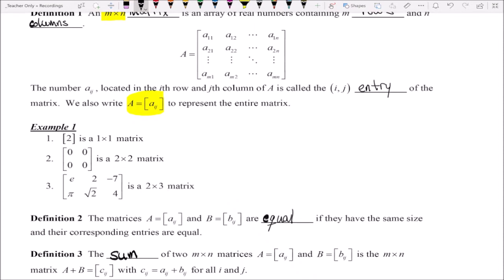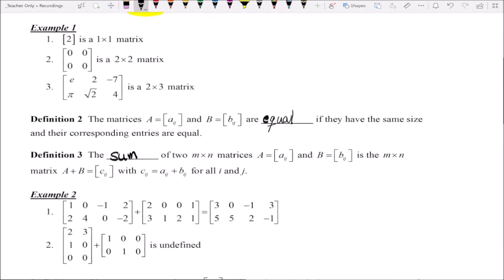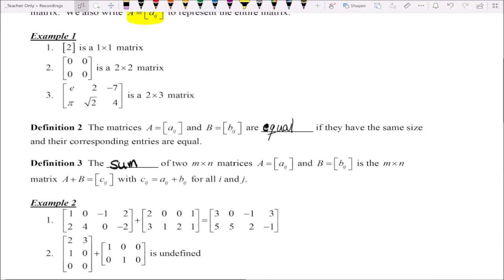Then, to determine each entry of this sum matrix, it's just the sum of the corresponding entries of the two matrices.